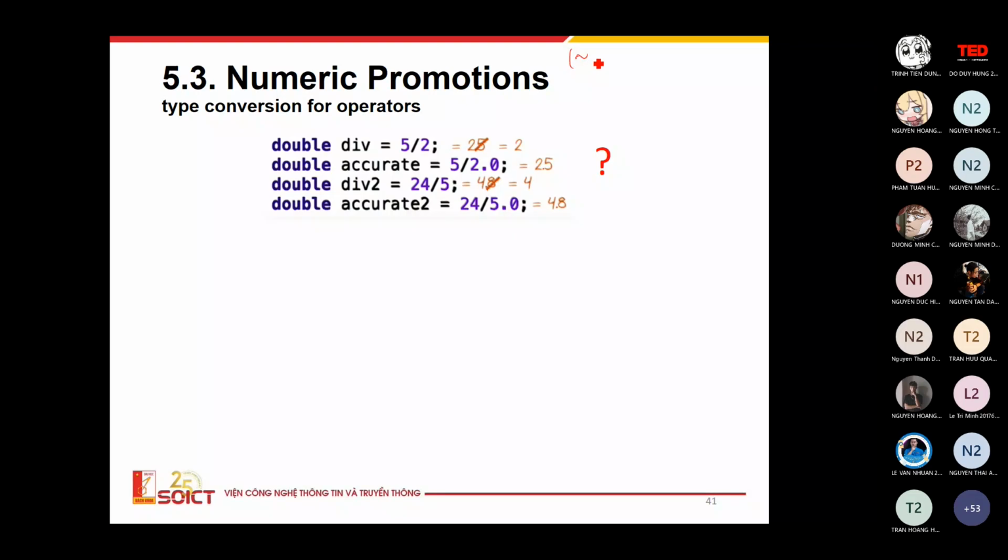Promotion thì không phải chuyển kiểu, nhưng mà chúng ta dịch nó theo cái kiểu như vậy là cho nó dễ nhé, là chuyển kiểu trên toán tử. Promotion là thăng chức, kiểu thế là thay đổi từ một vị trí này sang một vị trí khác nhé. Or we can call it the type conversion for operator. Ok, chuyển kiểu trên toán tử.